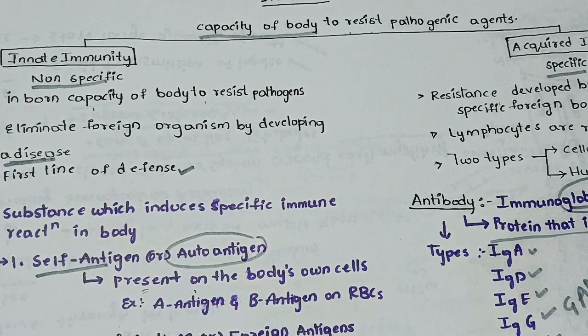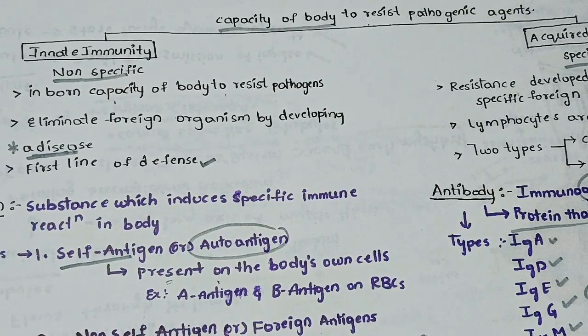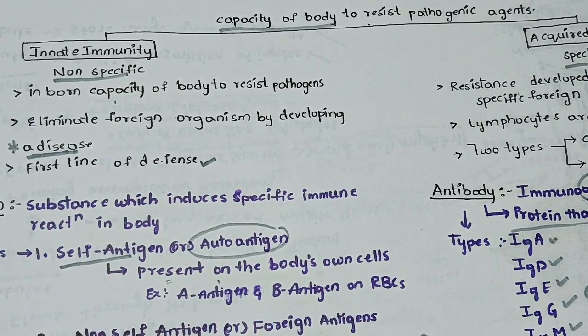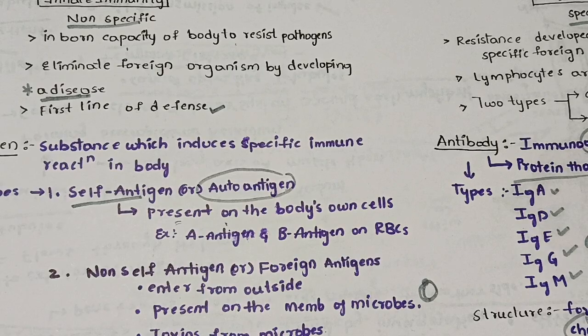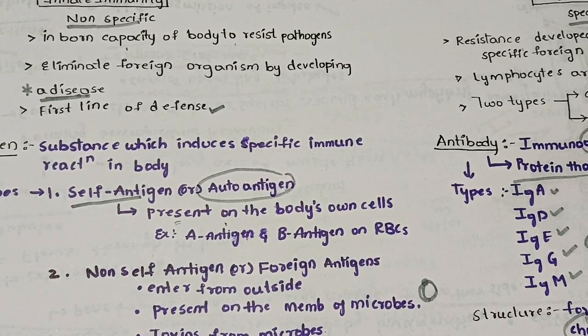What is an antigen? It is a substance that induces an immune reaction, of two types: self antigen, present inside the body, for example A and B antigens on the RBC, and non-self antigen, the foreign antigens that enter from outside.